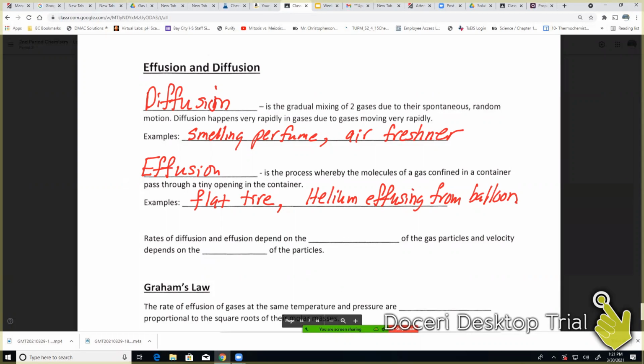Rates of diffusion and effusion depend on the velocity of the gas particles, and velocity depends upon the mass of the particles. So that relationship comes into what's called Graham's law.